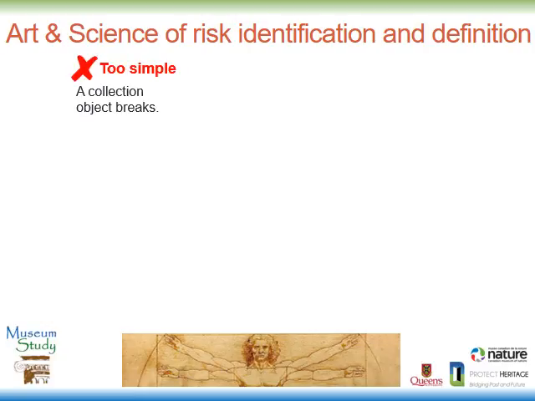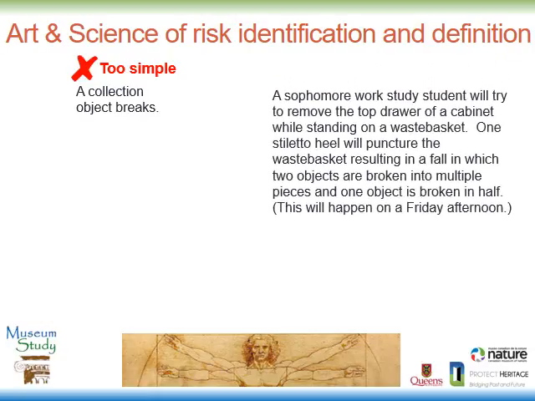But it's too simple, it's too vague. It would be very hard to get our minds around how we would quantify that. How many objects break? We'd have to think of the different ways in which we could lead to an object breaking. So this is really too vague, too simple.